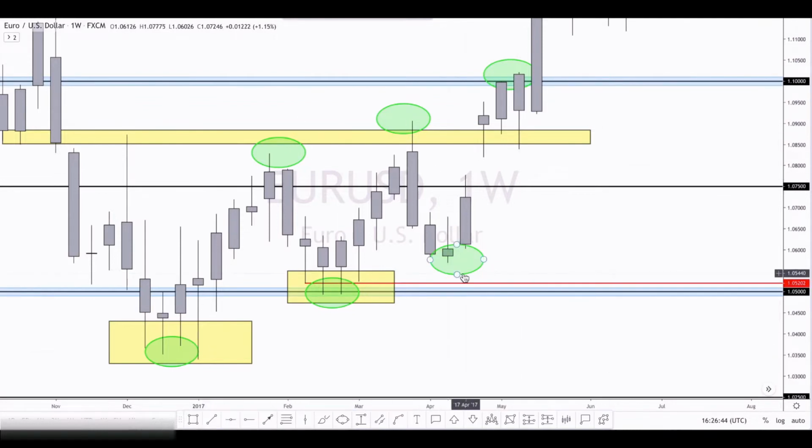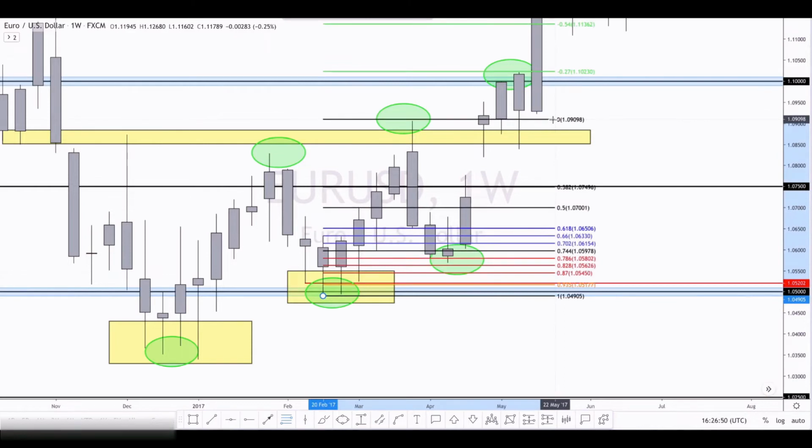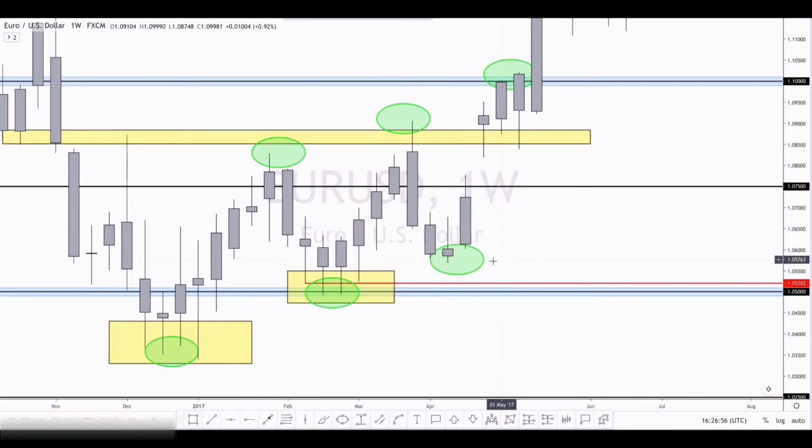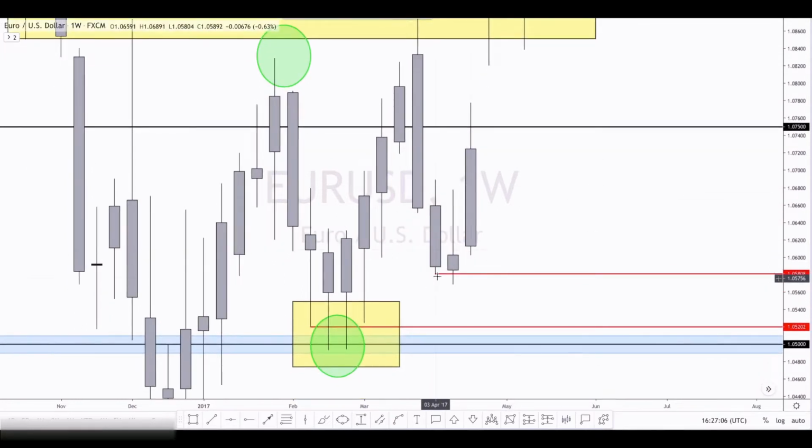If we have a look at our pullbacks from our fib, we use our lowest point, which would be here, up to our highest point, which would be there, and you can see this time we have 74, 78.6. We also have another reversal pattern. So we map out that low there, and you can see again, price fails to close below.